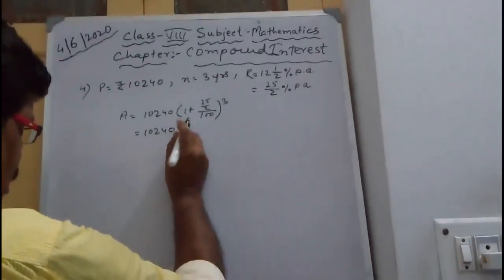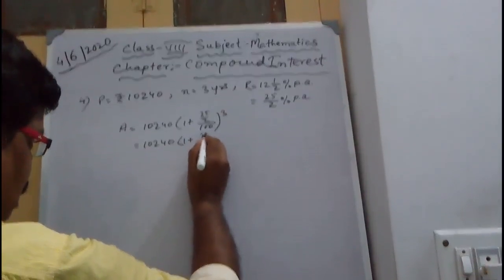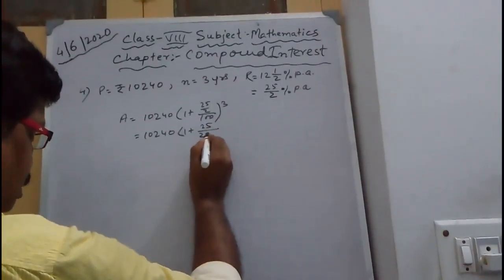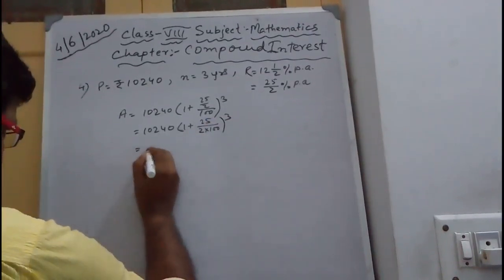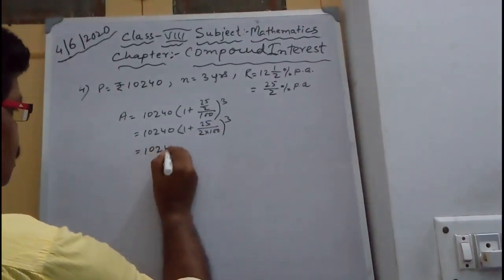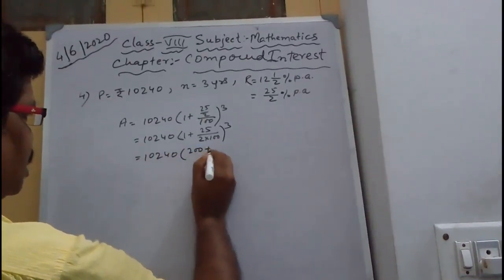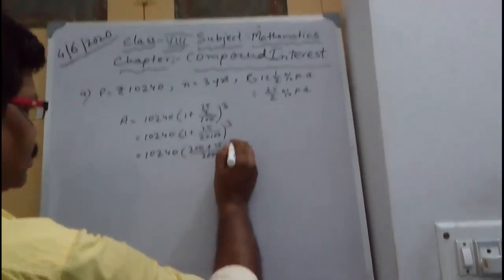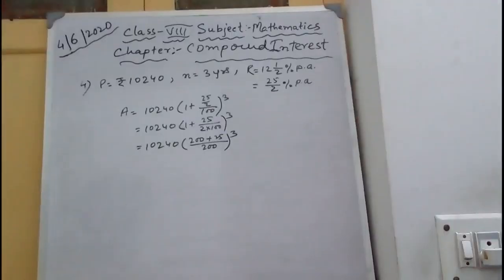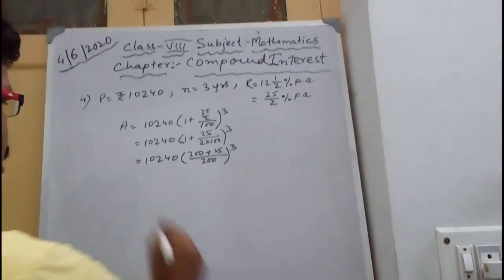So 10240, first bracket 1 plus 25 by 2 into 100, power 3. So 10240, 200 plus 25 by 200, because here is 2 into 100, 200.